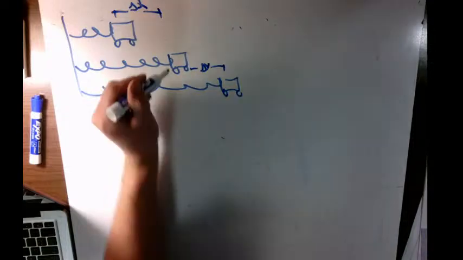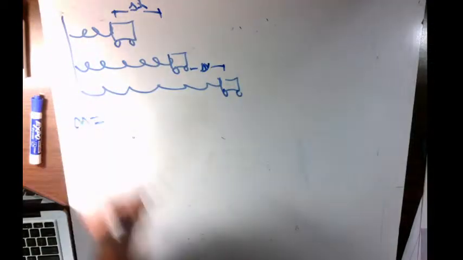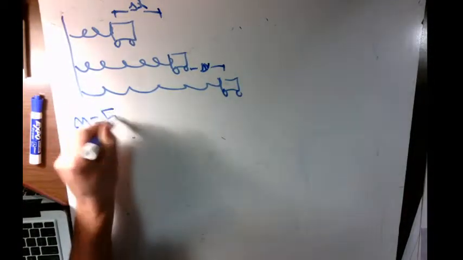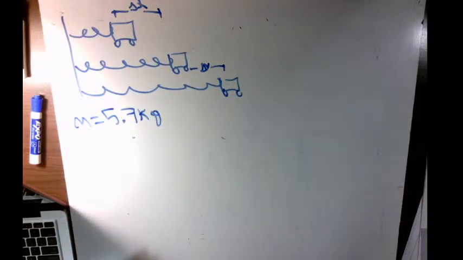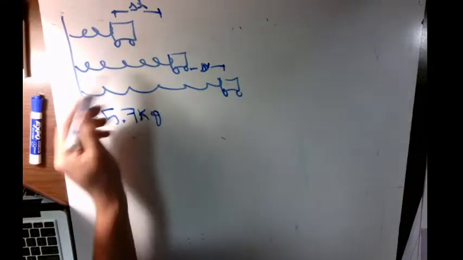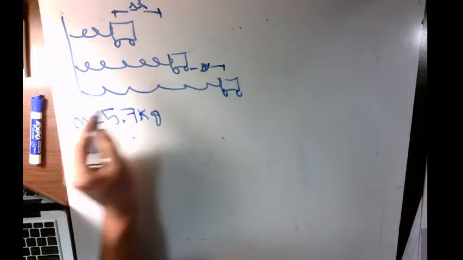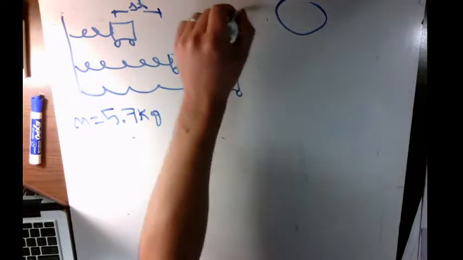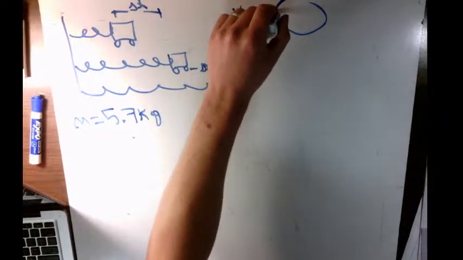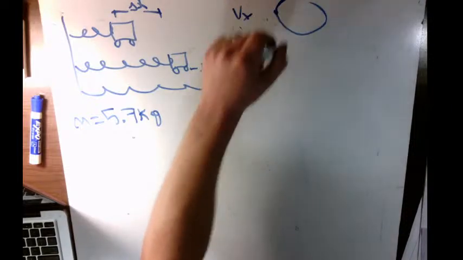It gives us the mass of the cart, which is 5.7 kilograms. It's going through horizontal simple harmonic motion, which is almost the same as our x component of our circular motion.